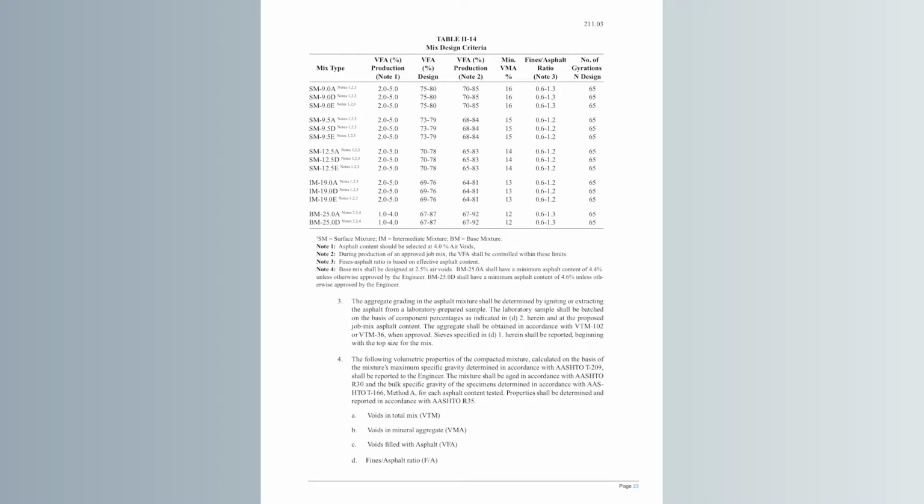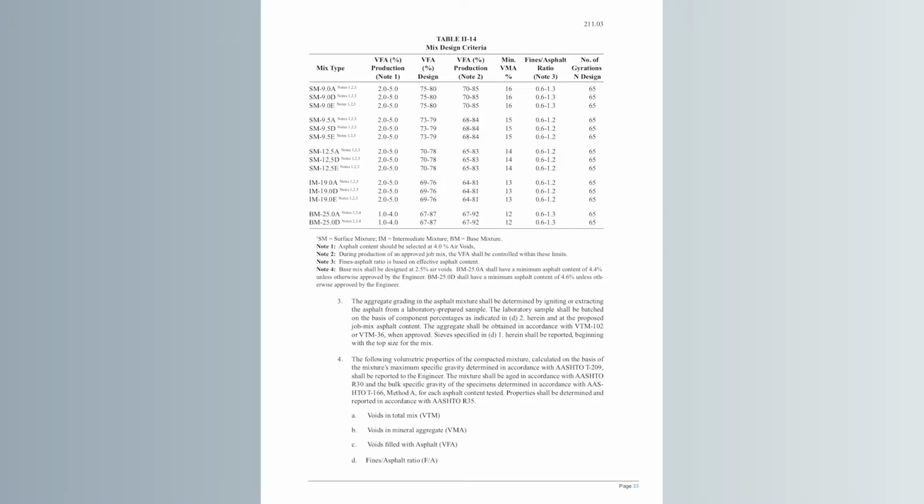Table 2-14 talks about your mix design criteria. That table gives us all of our volumetric properties and what you're going to design to. It gives us our VFA for production. It gives us our VFA for design. For this class and for when you're designing mixes, that's the column you would look at for VFA.